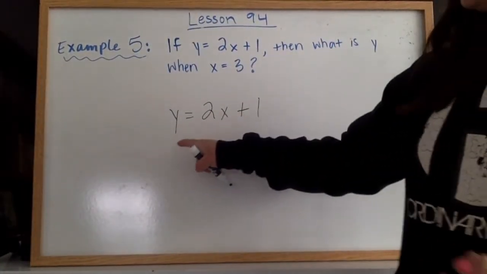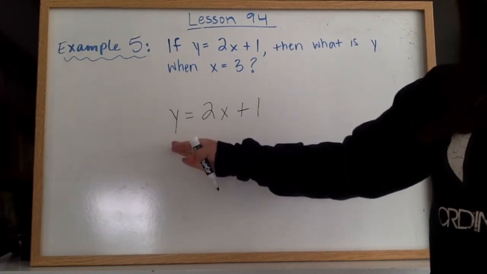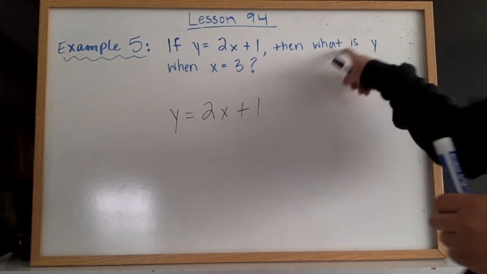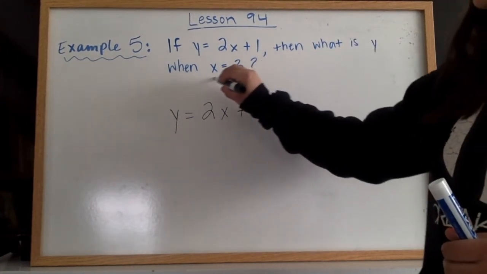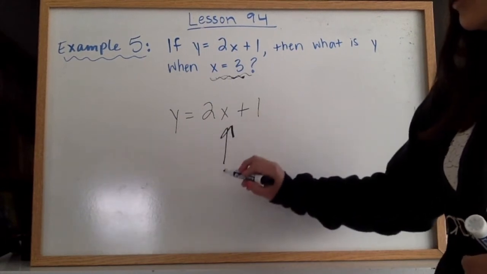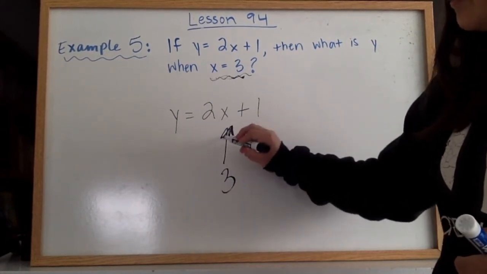So we can figure out y only if we know what x is. And luckily in our problem, it does tell us that x is equal to 3. So we can plug this 3 into x right there, okay?